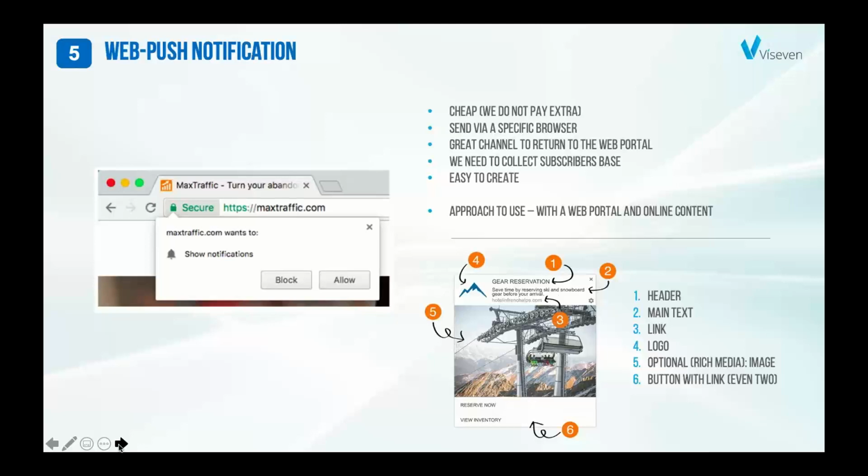Of course, we need to collect additional data. It's not coming automatically with the email address or with a phone number, so technically this token should be collected. And these messages are also pretty easy to create. It's not taking so much time, effort and money to create, compared, for example, to emails.